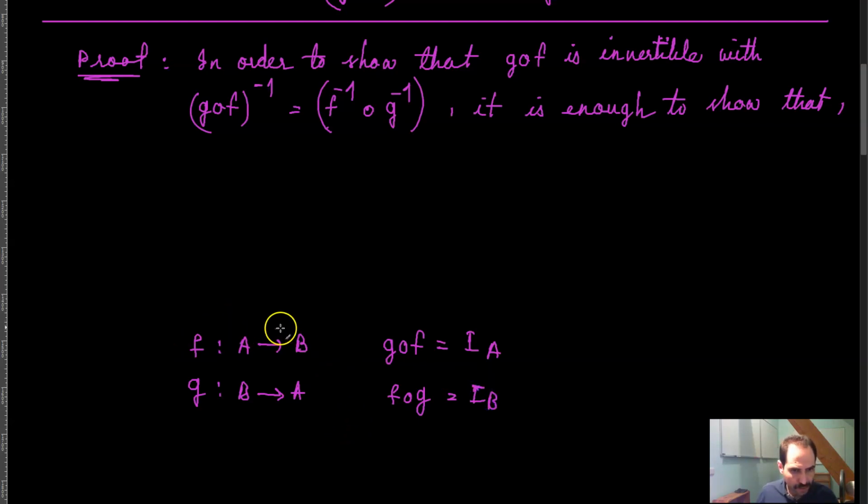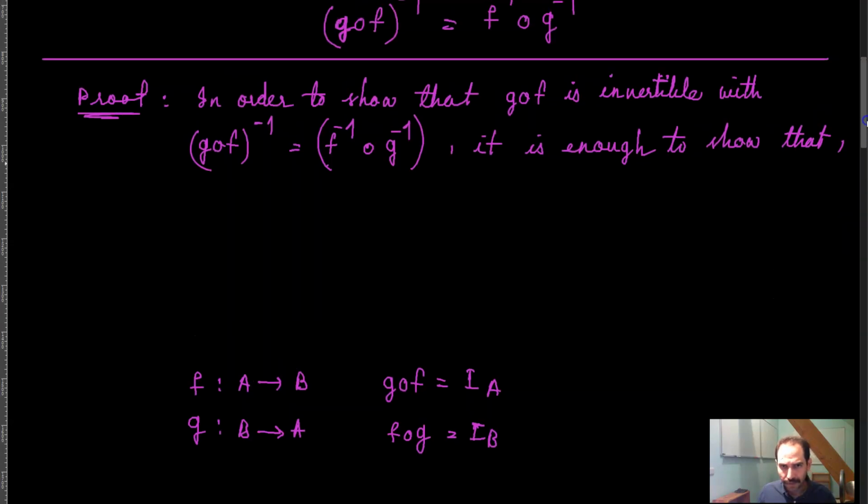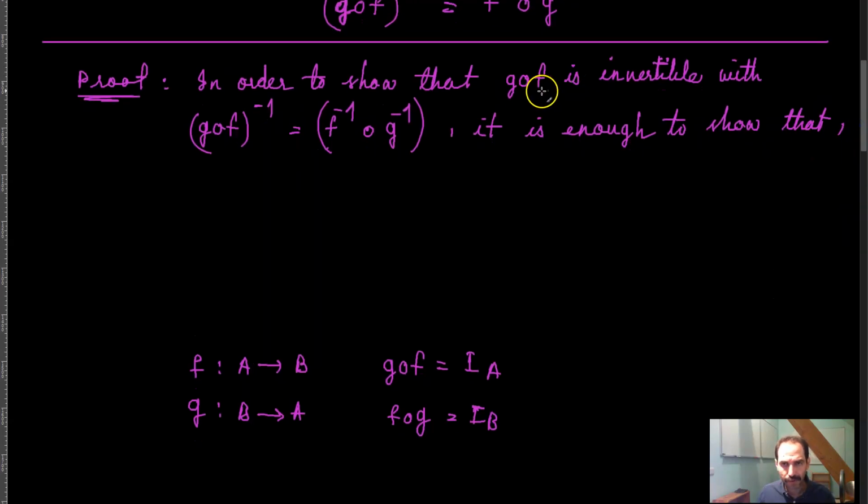So now we need to do the same thing over here, meaning that we want to show that GOF is invertible. I'm going to assume that the inverse of GOF is GOF inverse.